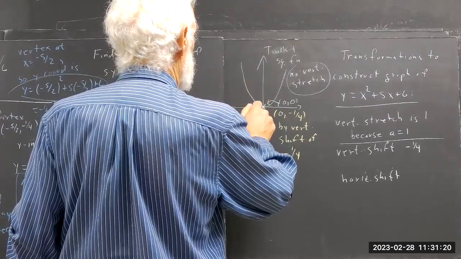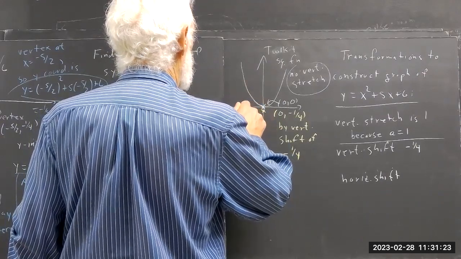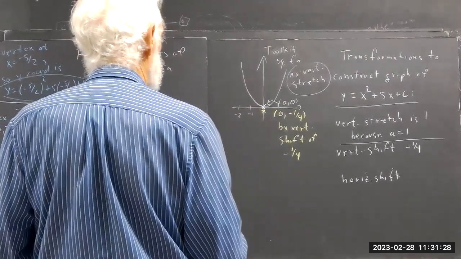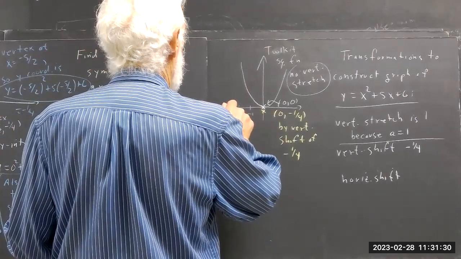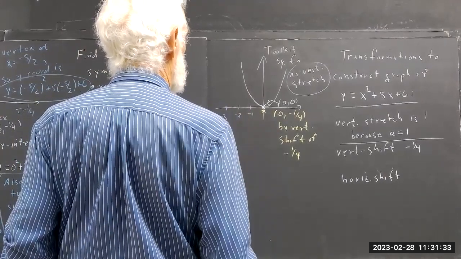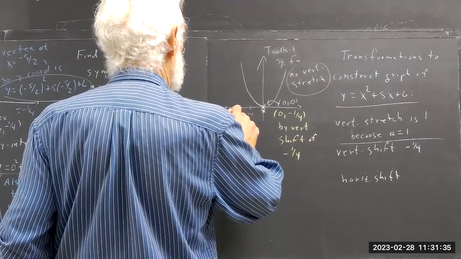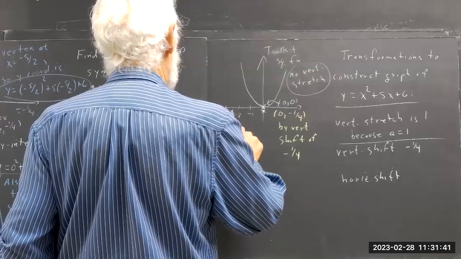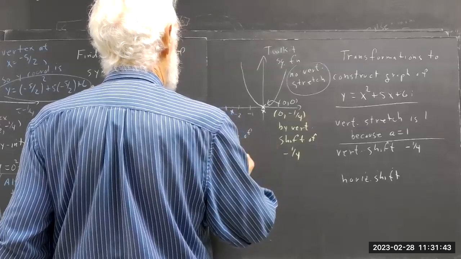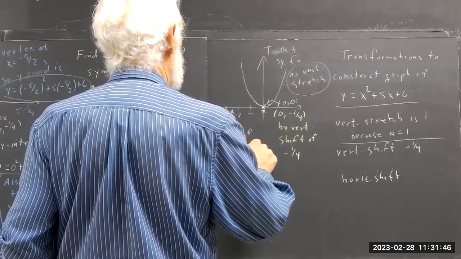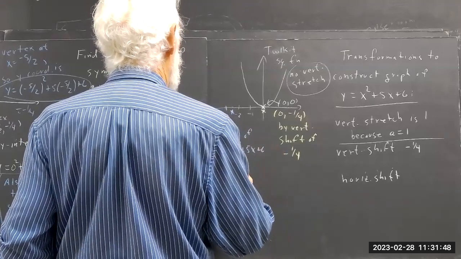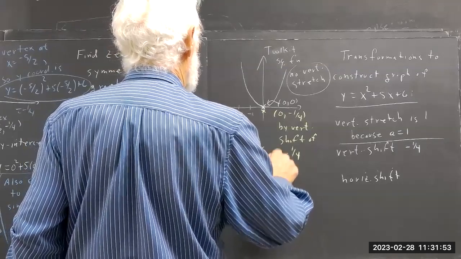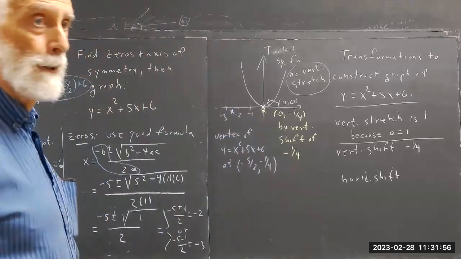So let's see, this would be like -1, -2, -3. Our vertex is at -5/2, -1/4.